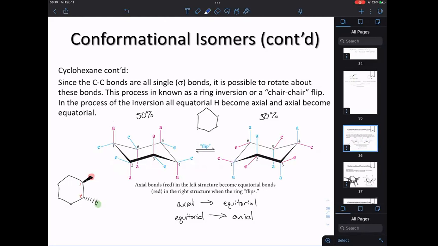The particular bonds are colored. So this pink bond on carbon 1 is the same bond as this pink bond on carbon 1 once it's flipped. And the differences between the letters are telling you whether it's an axial or an equatorial. We can see that this particular axial bond is becoming an equatorial bond in the flip.